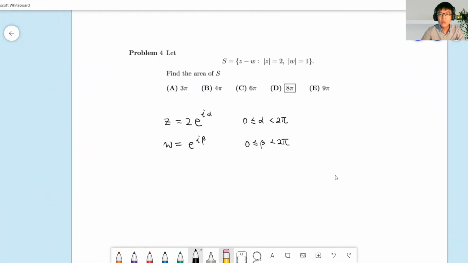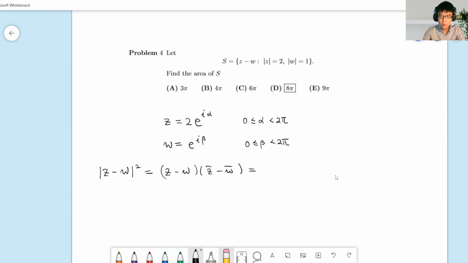Next, we'd like to describe z minus w. Here I'm going to find its modulus, because the angle could be any direction, right? So basically, we consider the modulus. The shape should be symmetrical in any direction. |z minus w| squared is basically (z minus w) times (z bar minus w bar).